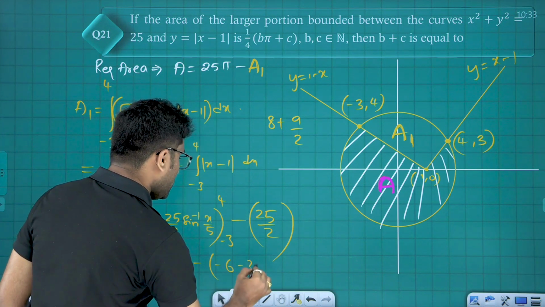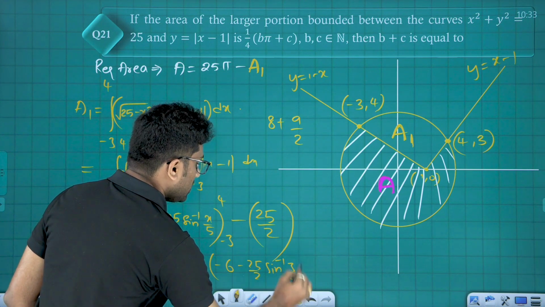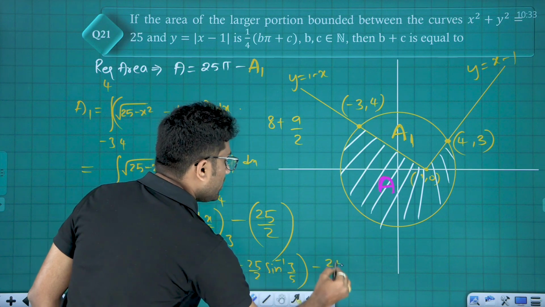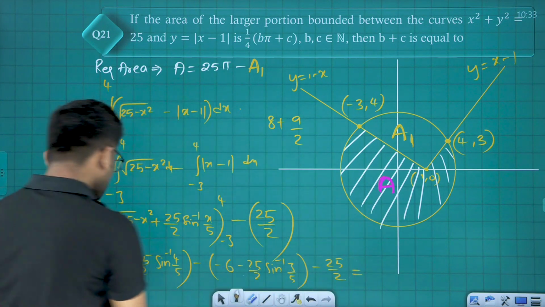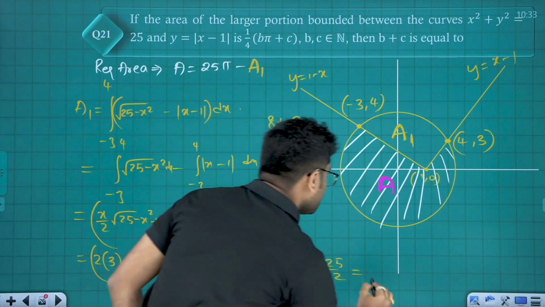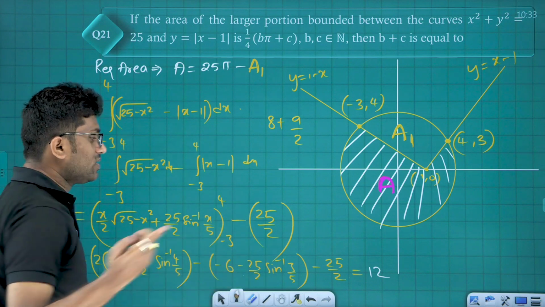Sine minus 25 by 2 times sine inverse of 3 by 5, whole minus 25 by 2. So finally this will be now 6 plus 6, 12, minus 25 by 2 times sine inverse of 4 by 5 plus sine inverse of 3 by 5.